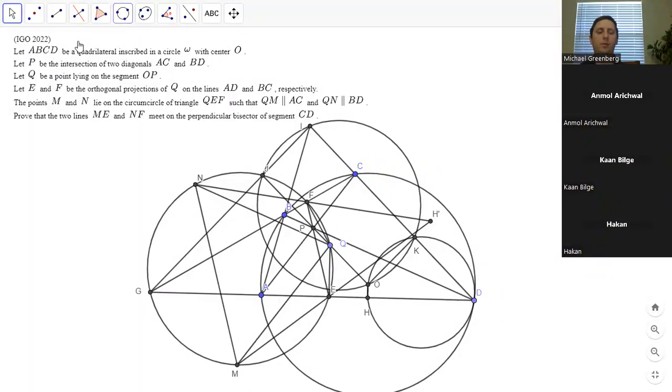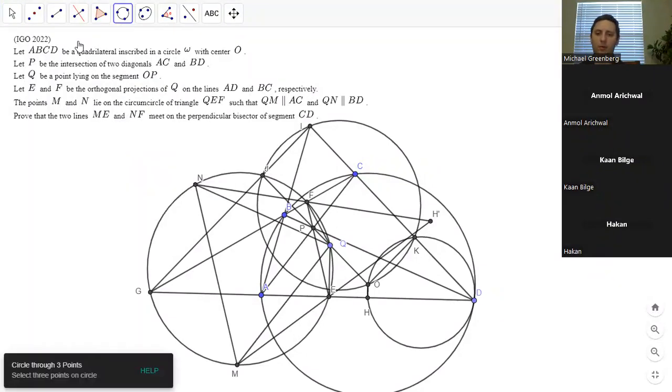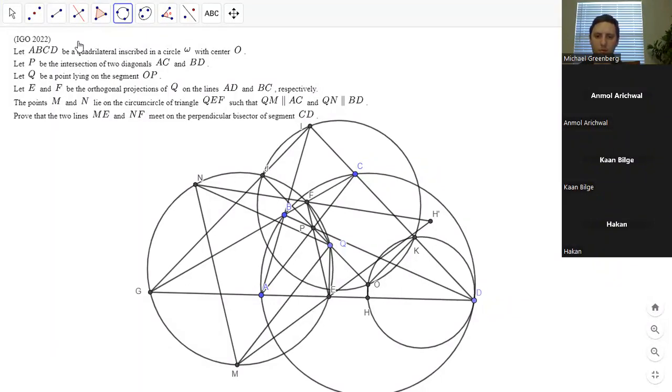Trying to see if I can use Casey's theorem somehow. The thing is, there's really three circles with that radical axis, right?